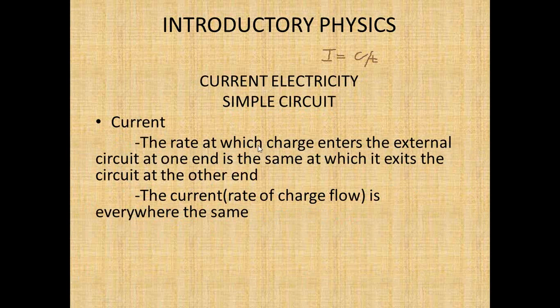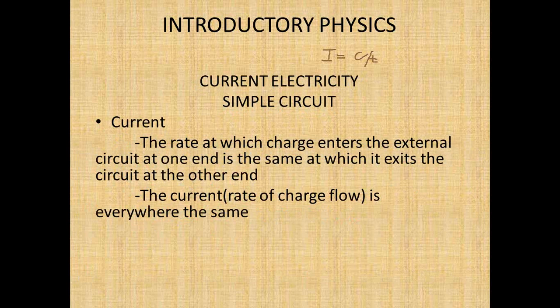The rate at which charge enters the external circuit, this is another important point, is the same as the rate at which it exits the circuit at the other end. So what we're saying is, once they say rate of charge, that's current.